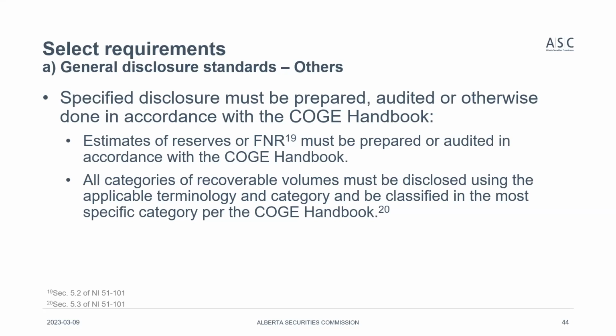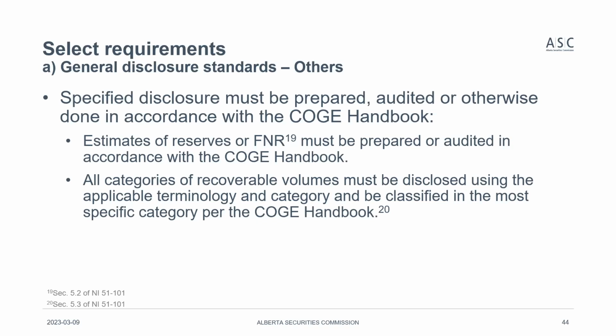All categories of recoverable volumes must be disclosed using the terminology, category and classification per the COGE Handbook. So anytime you put out estimates, whether they be reserves or resources other than reserves, whether it be discovered petroleum initially in place, total petroleum initially in place, reserves, et cetera, proved, probable, possible, all that stuff, you must use the applicable terminology from the COGE Handbook.